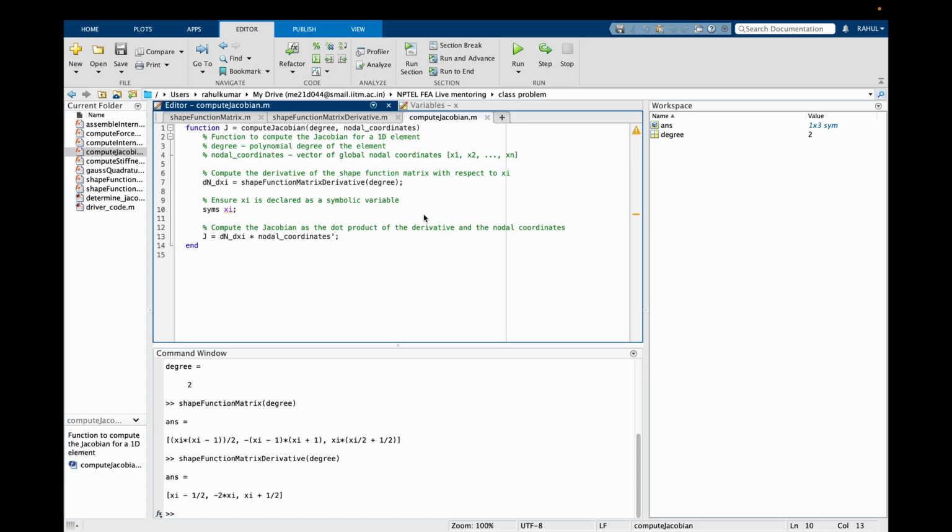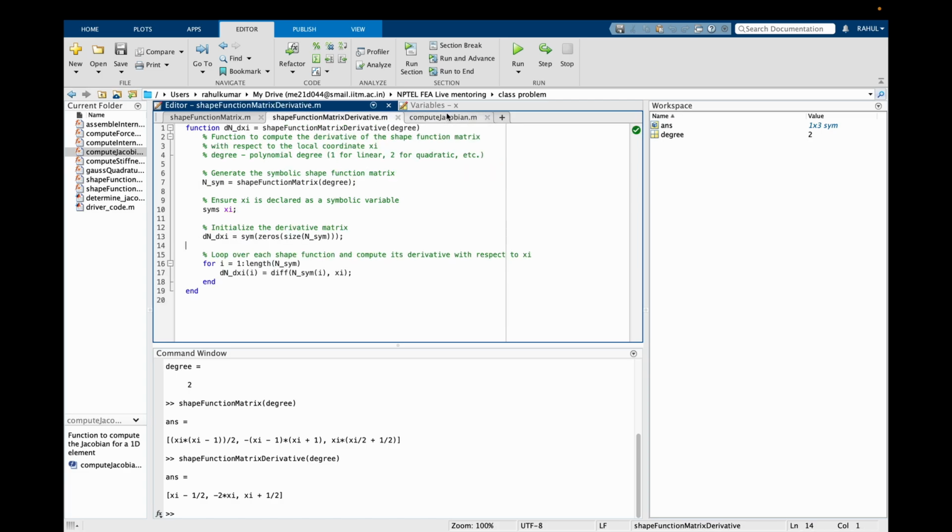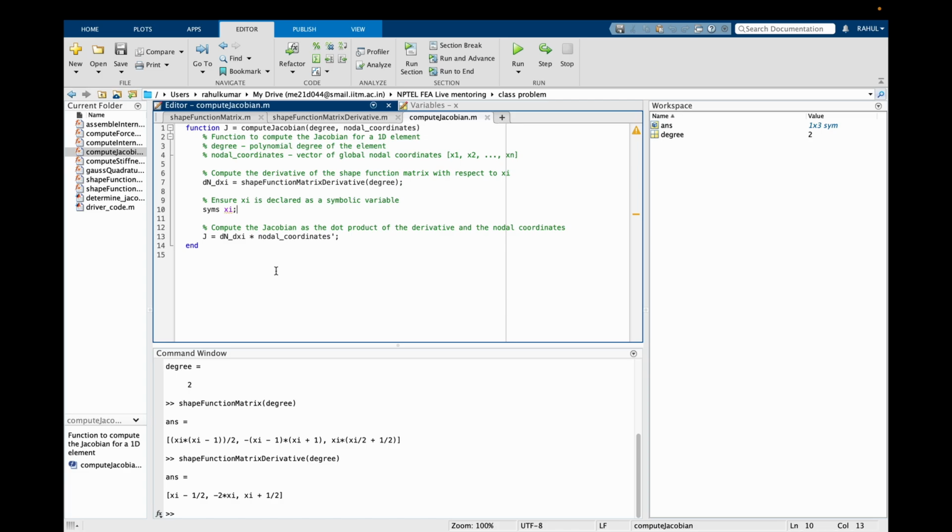So I have also created a function where first it will call the shape function matrix derivative. Then it will do the dot product of that with whatever the nodal coordinate is.